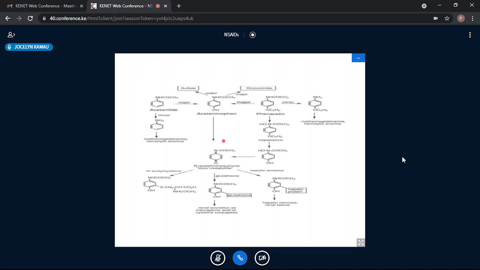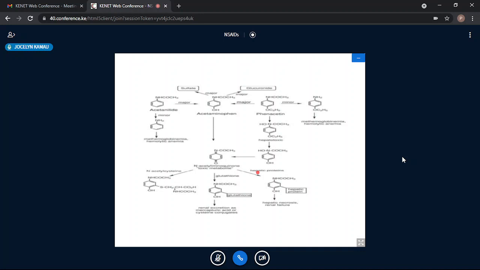What we are therefore saying is, if this metabolite, the N-acetyl iminoquinone, is not mopped up, then it will go and bind your sulfhydryl proteins, and those are cellular structures. It will bind your structural proteins within the kidneys, within the liver, and it can result in a lot of toxicity.